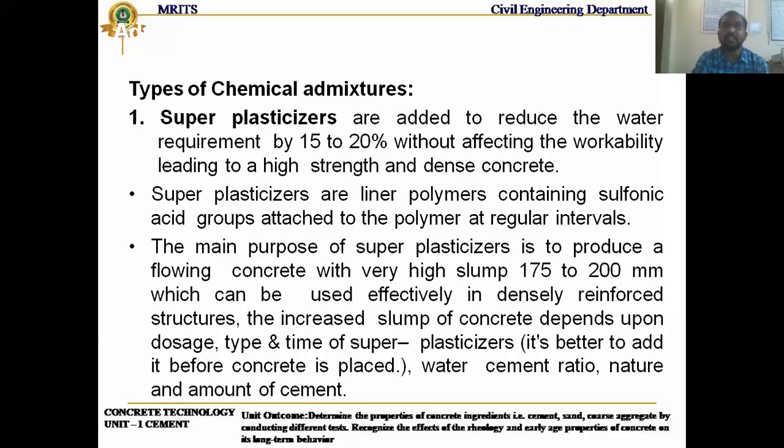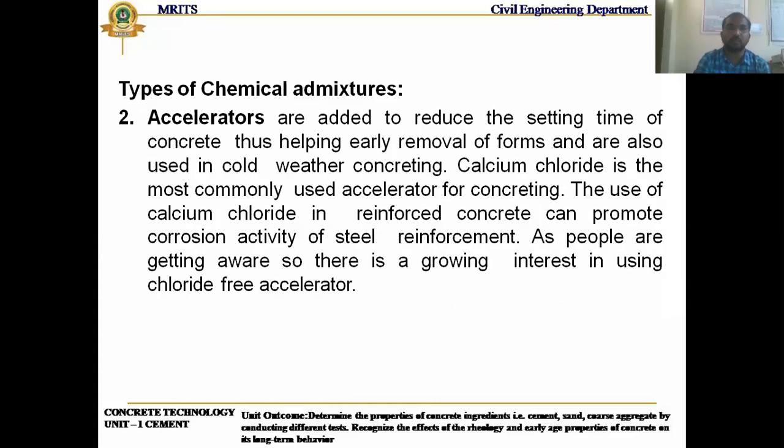And these will increase the strength of the concrete and make it denser. Superplasticizers are linear polymers containing sulfonic group, and the main purpose of these superplasticizers is to produce a concrete with high slump from 175 to 200 mm, and we can increase the slump by using these admixtures, and we can also increase the strength of the concrete.